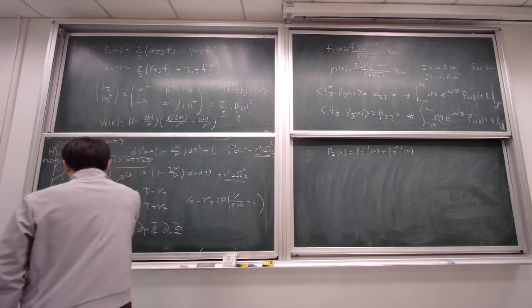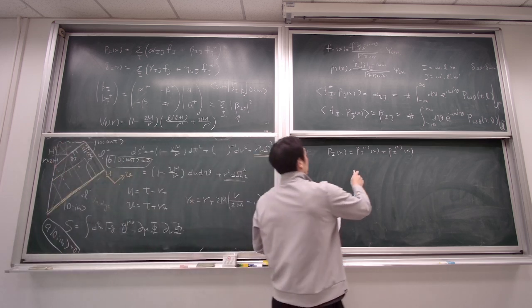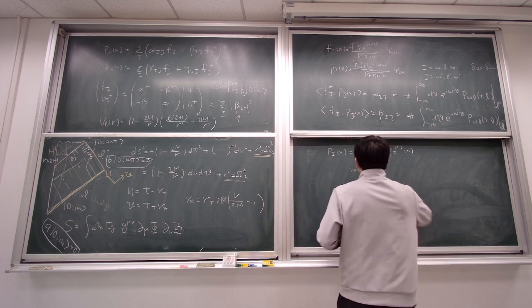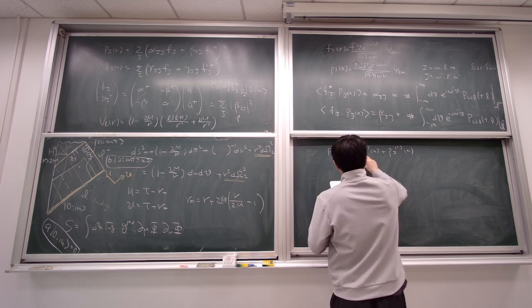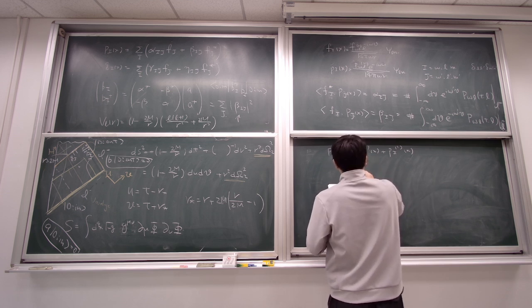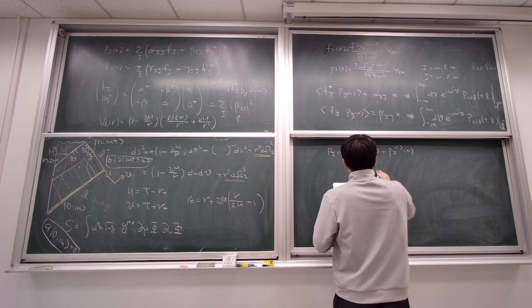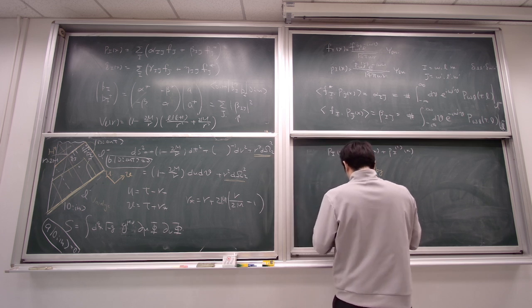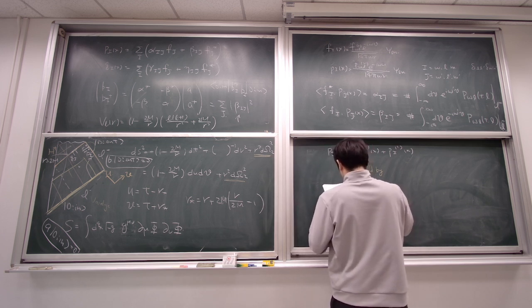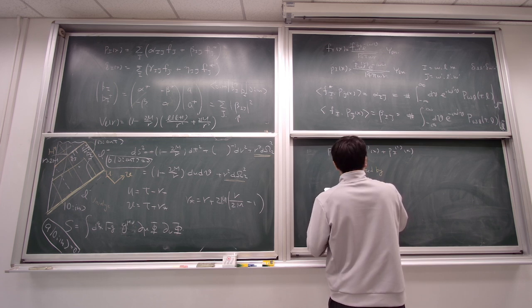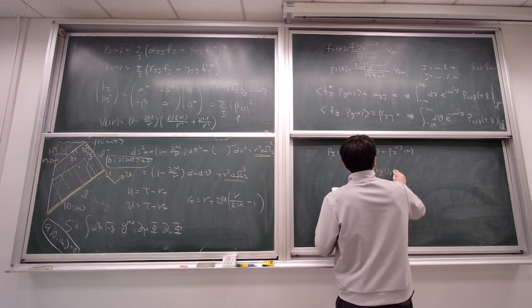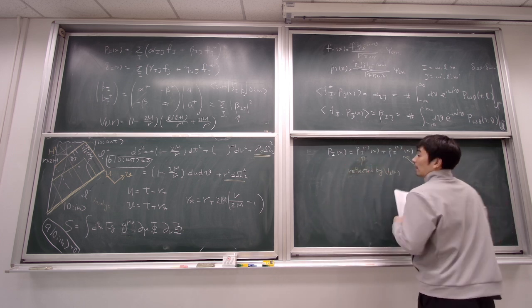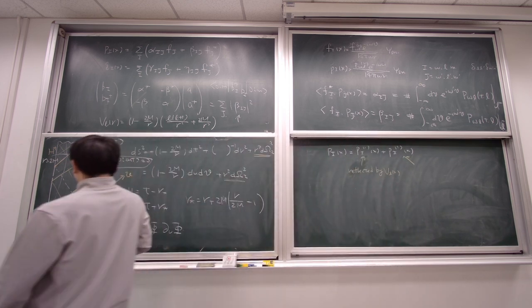Such that this guy is reflected by the external potential B of L of x, but this other guy is really the one which appears like this way.